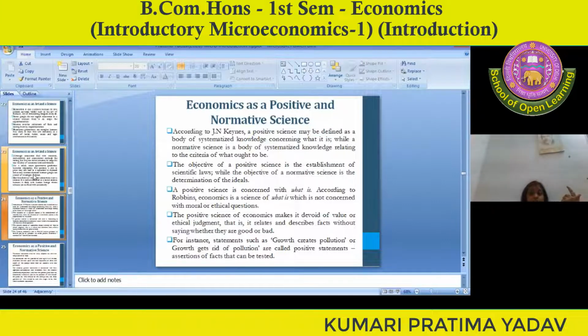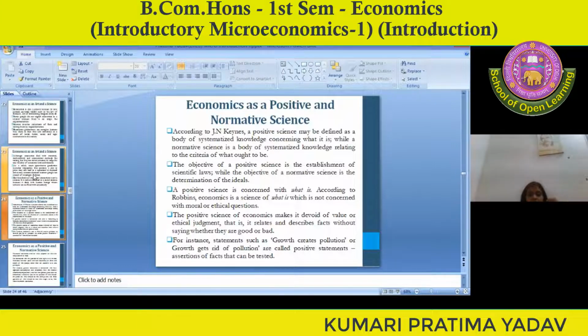In economics, we do both. So let's see. A positive science is concerned with what is. According to Robinson, economics is concerned with what is, which is not concerned with moral or ethical questions. Third, distinguishing the positive science of economics makes it devoid of value or ethical judgment.